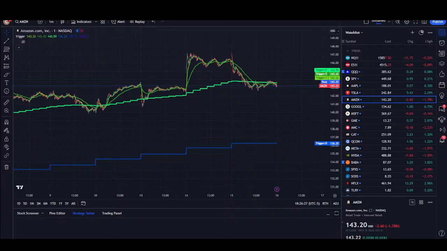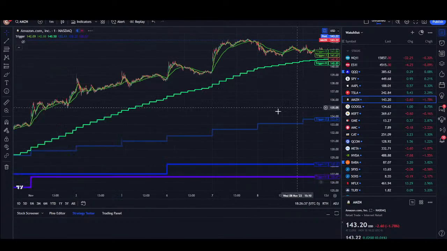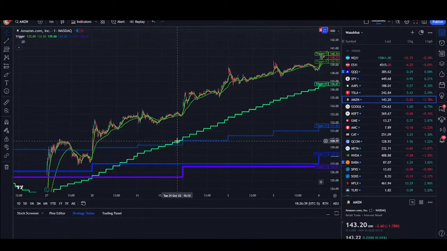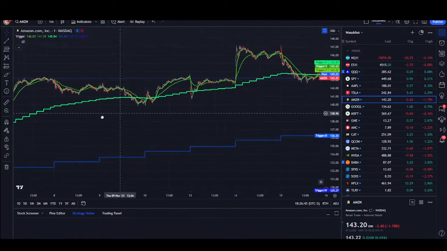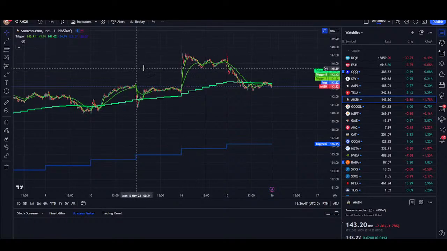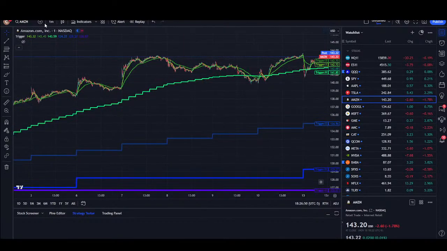The trigger signal channel tells us when we should buy or sell a stock. Oh, the trigger signal channels on the Discord basically tell you whenever a crossover happens. So for example, Amazon had a bullish hourly trigger, daily trigger crossover right here at about 132, and the stock moved up all the way to 147 for a $15 gain.